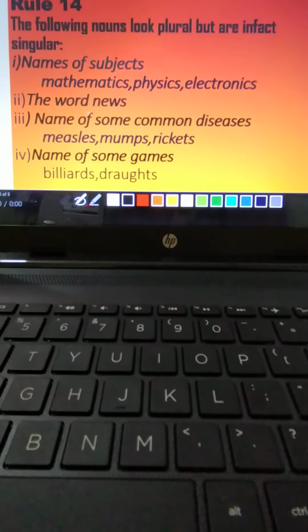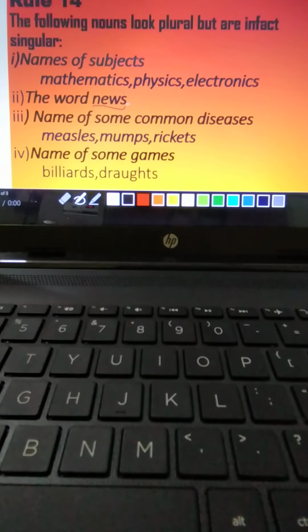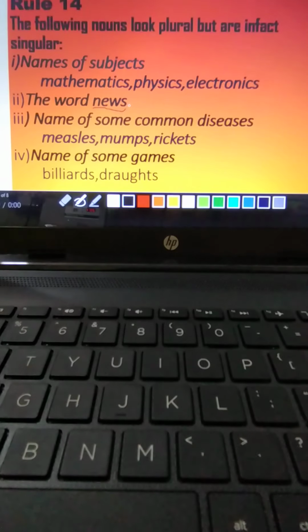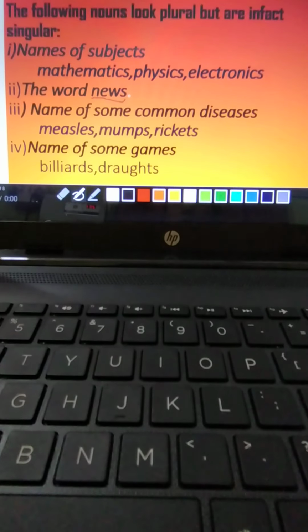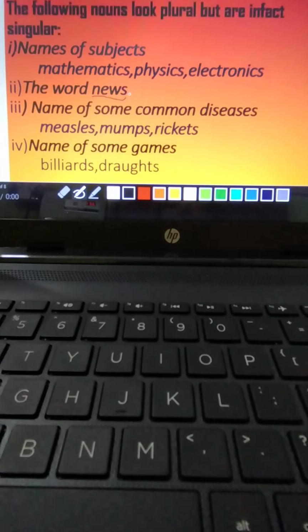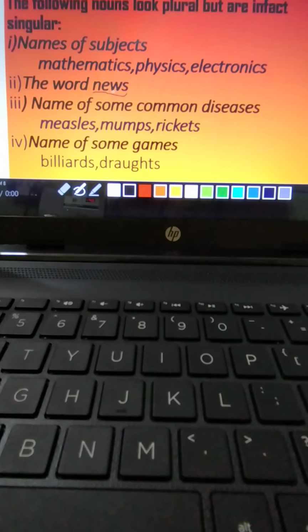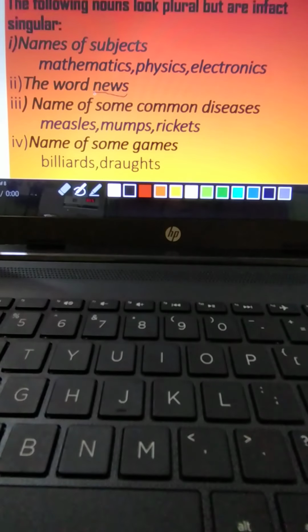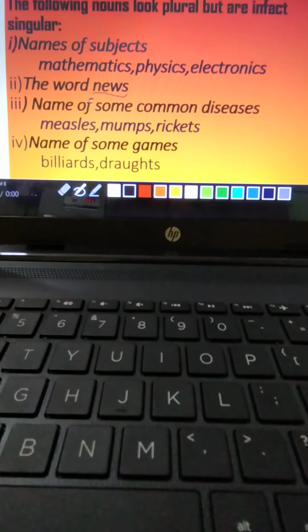News is always getting together, collecting all different ideas, knowledge, everything, and a variety of knowledge and news we collect. So the idea of news is plural, but actually that is a singular. It looks plural, but actually it is singular.